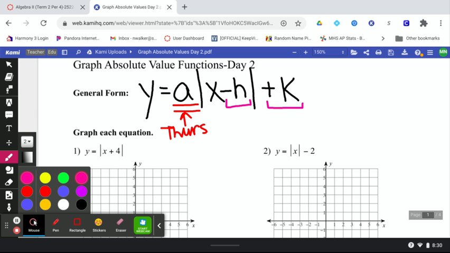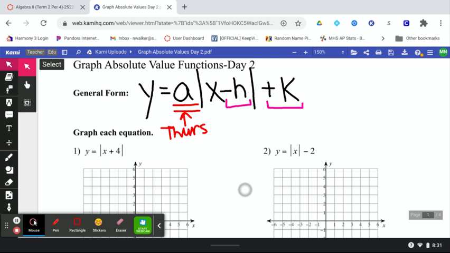But whenever you are adding or subtracting values, it actually changes the x coordinate by the opposite of whatever sign you see. So if you saw a x plus 3 in your equation, the center of the graph was actually at negative 3. If you saw an x minus 2, since that's minus 2 is a negative 2, the center moved to a positive 2, because the opposite is always what makes something equal to 0. So this is just a little review of what we did yesterday.